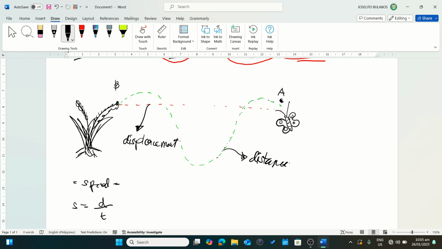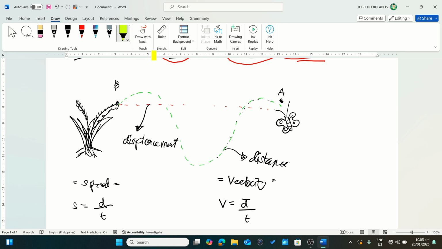On the other hand, for velocity, what we want to know is how fast this butterfly will travel along this path, which is what we call displacement, the shortest path that this butterfly can take to move from point A to point B. That's the only difference between the two.